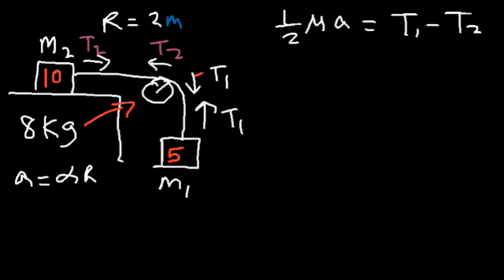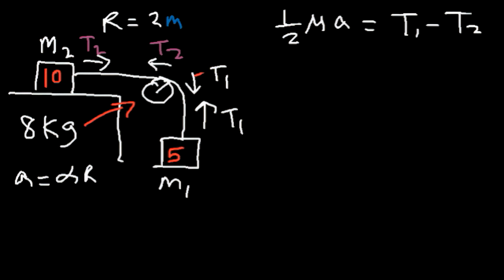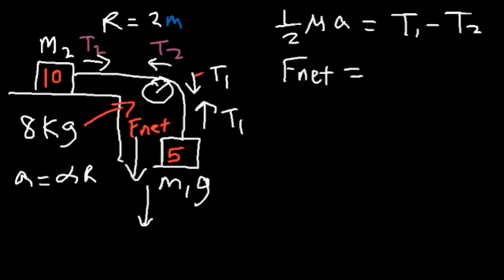Now let's focus on this system. There's a downward force, which is the weight force, m1g, and there's also a downward net force. The net force is the difference between the weight force, m1g, and the tension force. Now, I'm not too concerned about the direction of the net force.